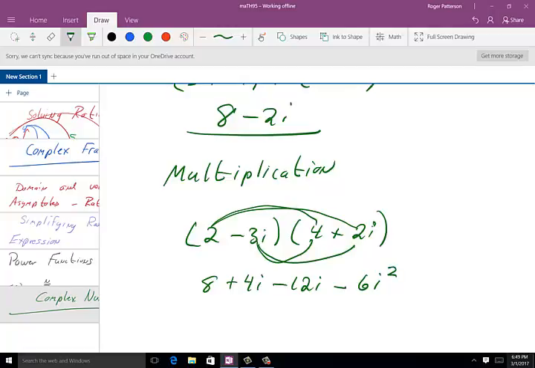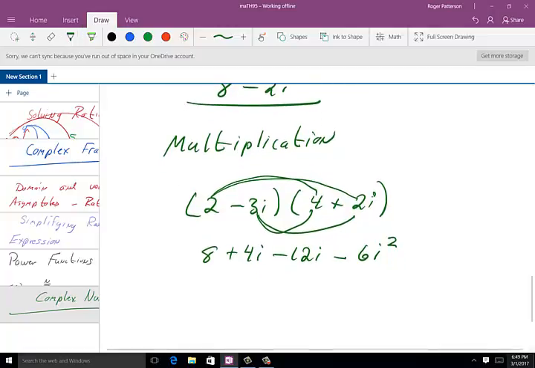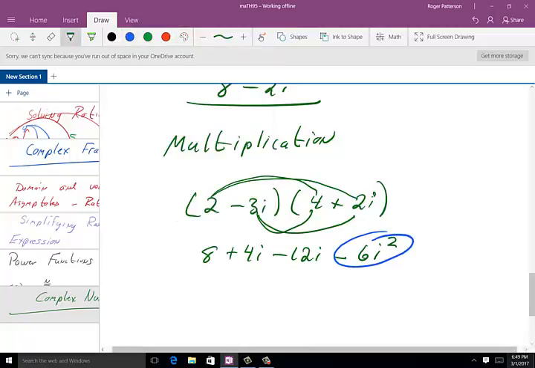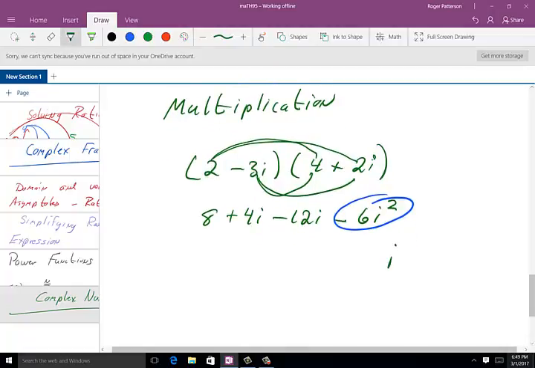Okay? So, really, multiplication, we're just foiling, and there's just one little tricky part to it, and that is right here. The reason for that is because we have to think a little bit. i is equal to the square root of negative 1.